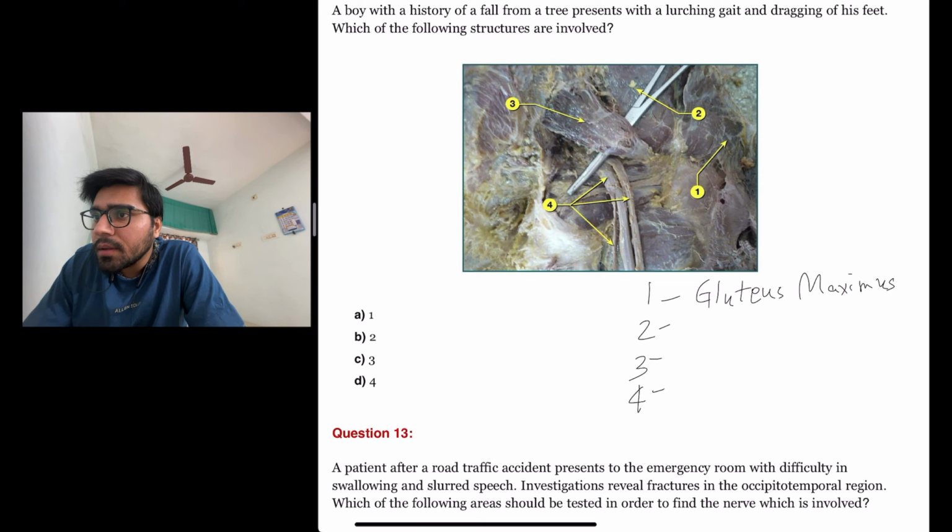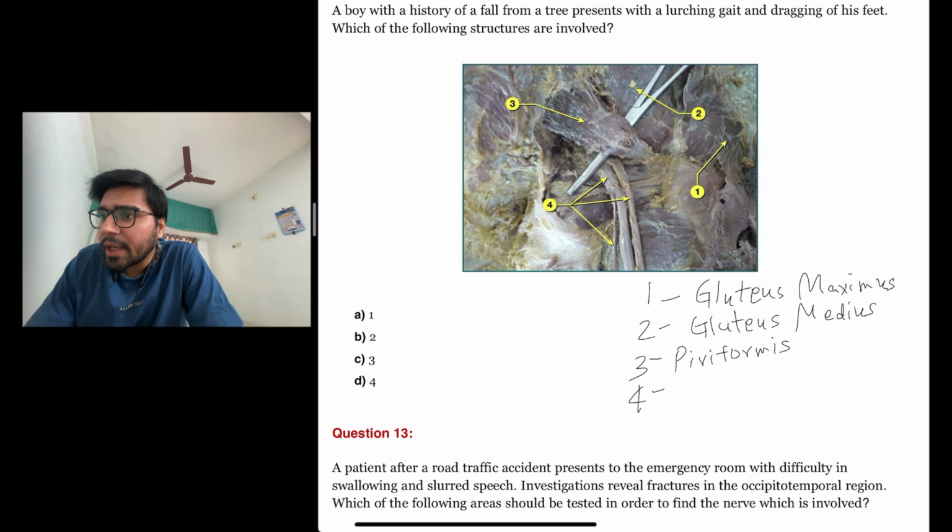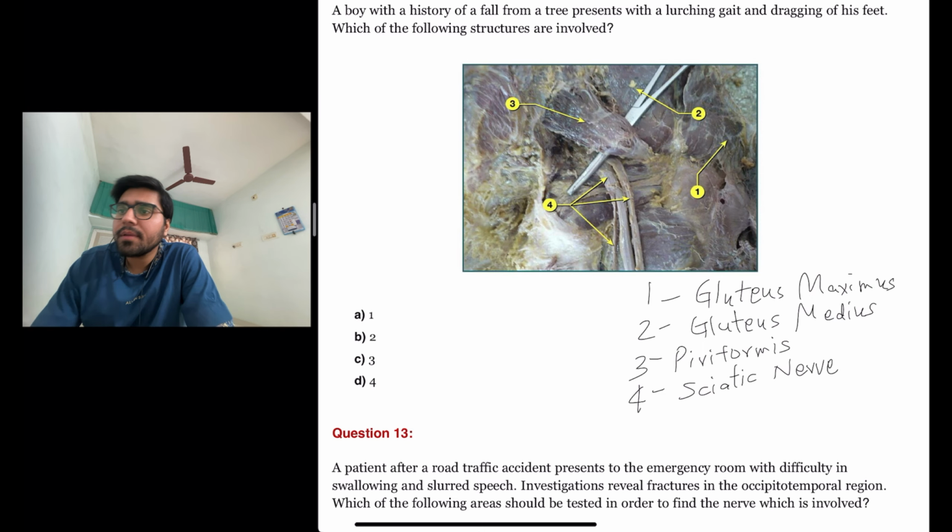The number 2 is gluteus medius. The number 3 is piriformis. And the number 4 is sciatic nerve.